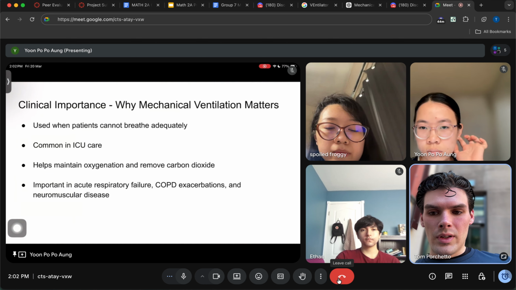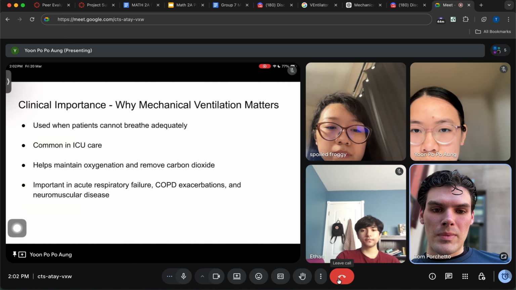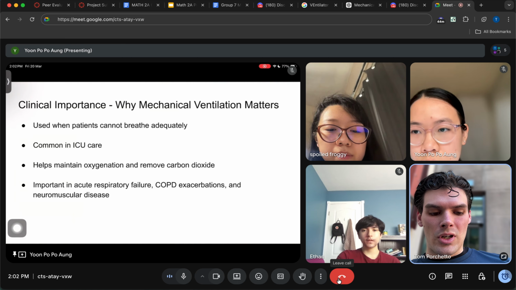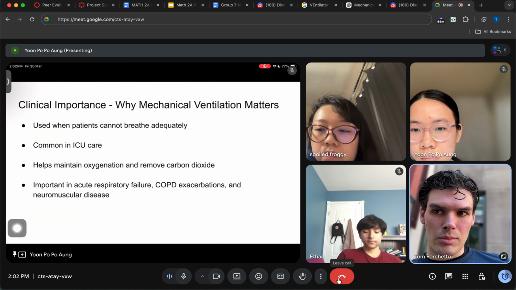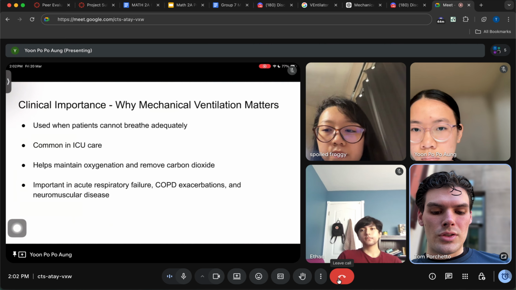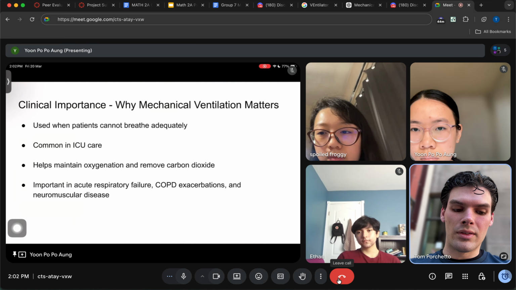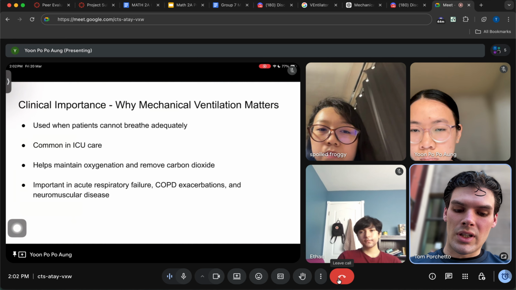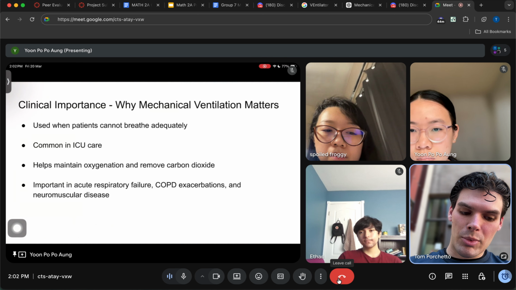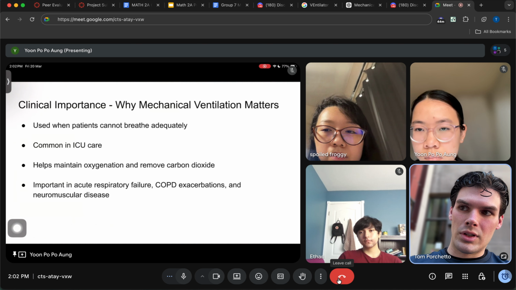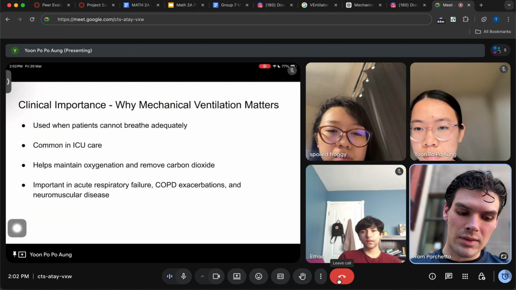As for the clinical importance, mechanical ventilation matters because it is one of the most important life support interventions in modern medicine. It is used when a patient cannot maintain adequate breathing independently, especially in cases of acute respiratory failure or hypoxemia, and also in impaired ventilation or airway compromise.